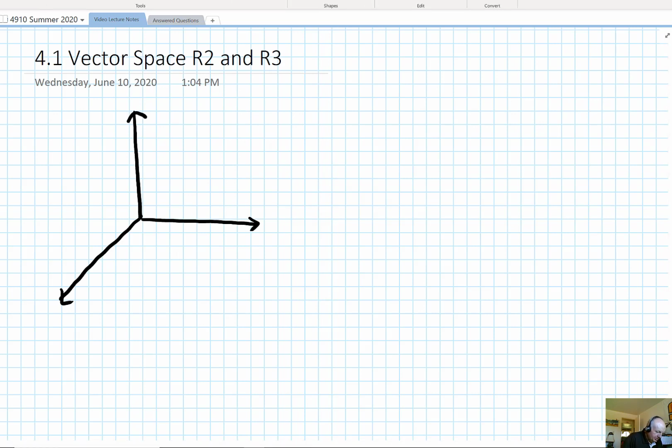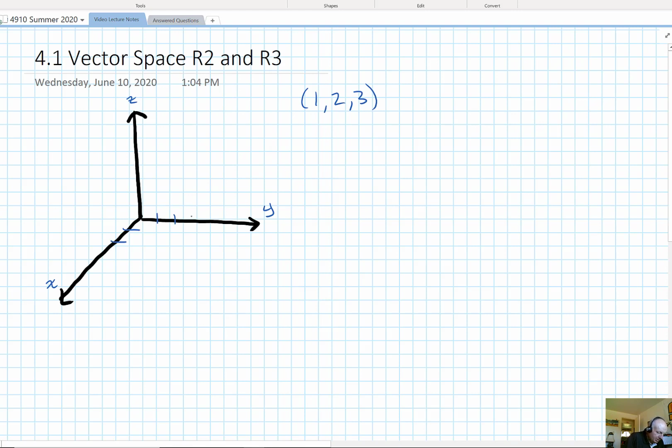Okay, so of course, hopefully you've had a little experience with this, right? We have our x-axis, our y-axis, and our z-axis, and I'm just showing the positive of each of these. If I want to plot a point in three-dimensional space, I just plot the point 1, 2, 3: x coordinate, y coordinate, z coordinate.